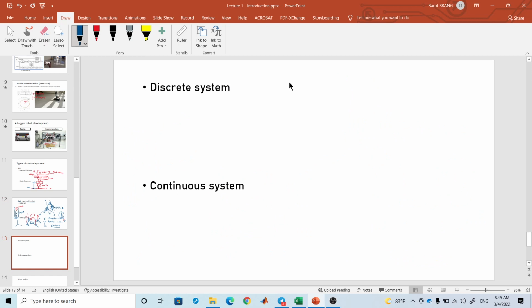Okay, the next point is the comparison between discrete systems and continuous systems. In a discrete system, you describe the dynamic equation by index k. So it has the form of x(k+1) equals f of x(k) and input u(k).